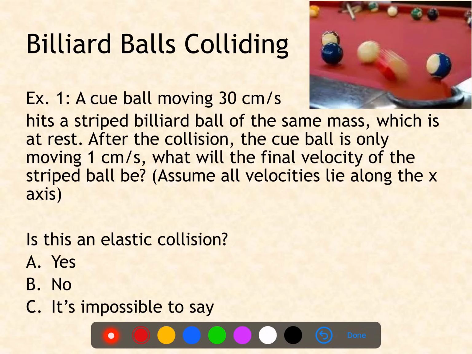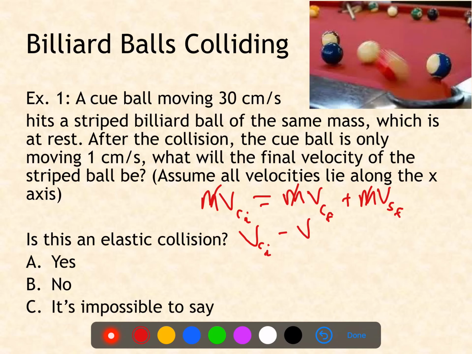So what I'm saying then is that m times v of the cue ball initial equals mv of the cue ball final plus mv of the striped ball final. These masses all cancel, and so I can figure out the striped ball's velocity by subtracting the final velocity of the cue ball from both sides of the equation.